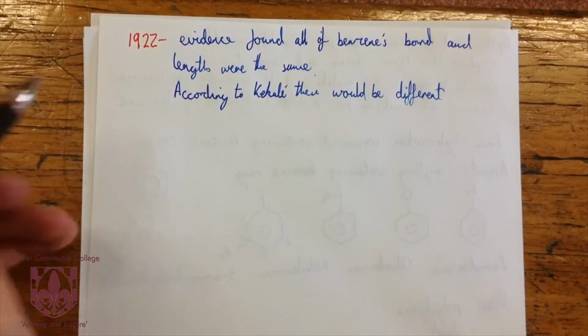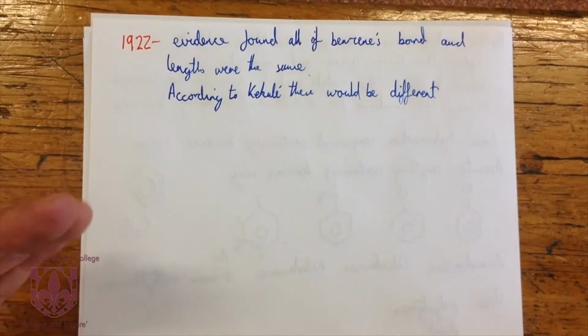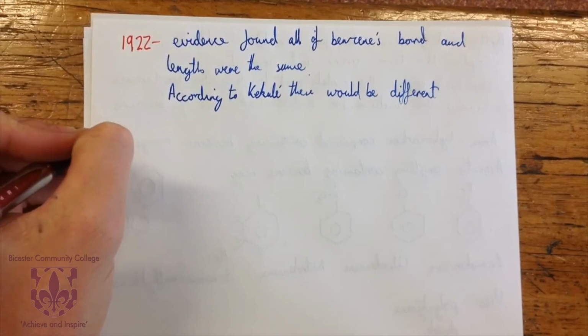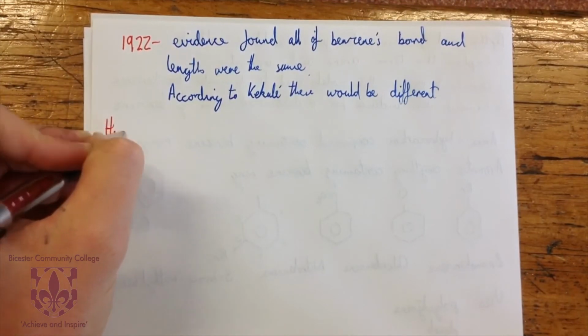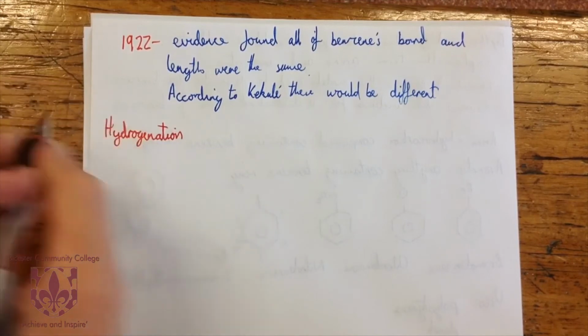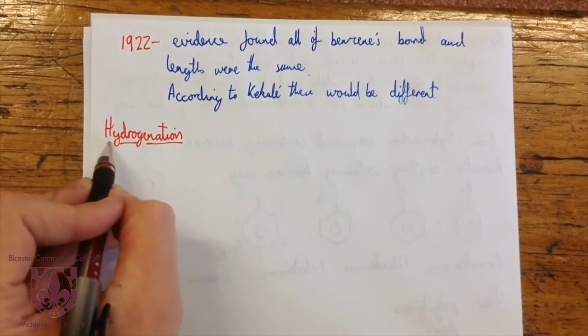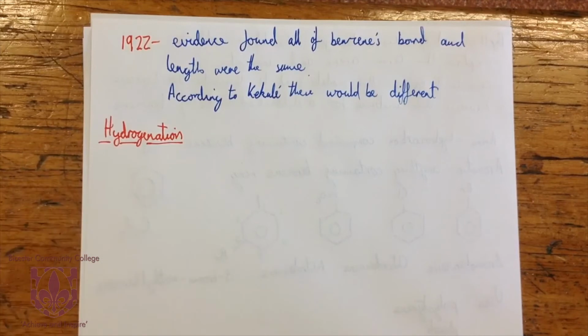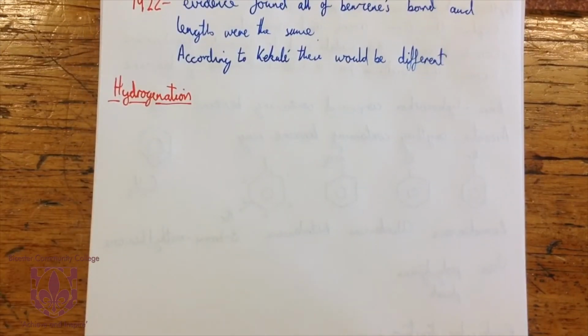Okay, and this is the key piece of evidence that gave benzene its modern structure. So they said, well, all the bond lengths are the same, all the bond angles are the same, so it can't quite be these two flipping back and forth, and they used the evidence from hydrogenation to work out exactly what happened.